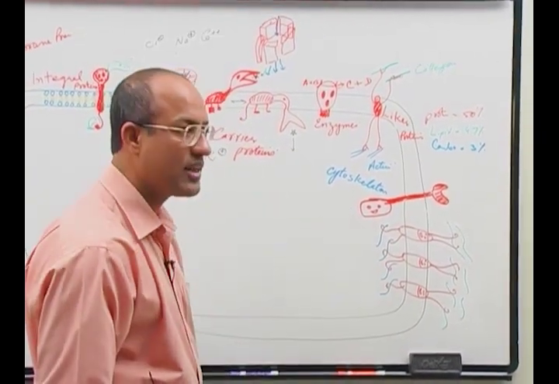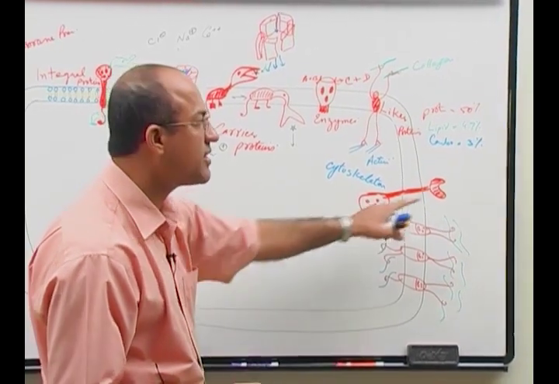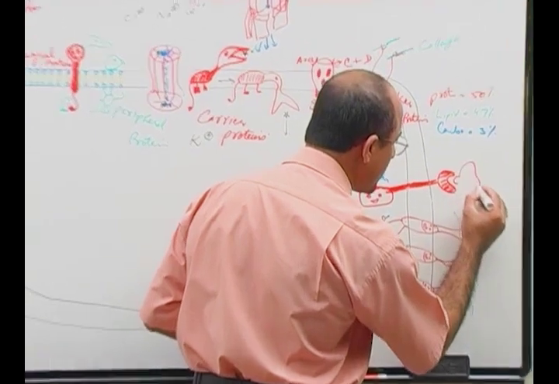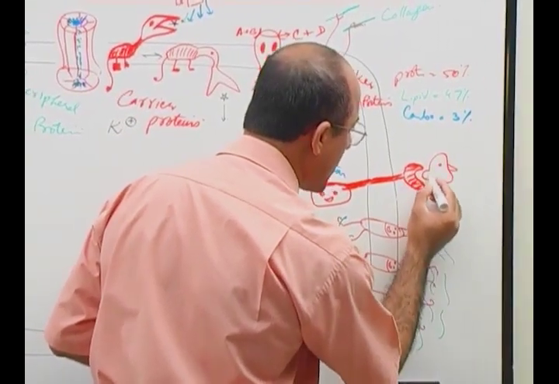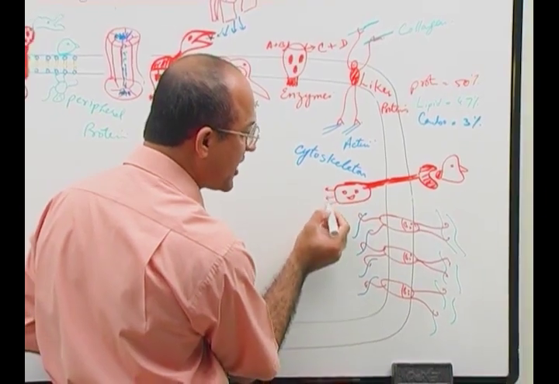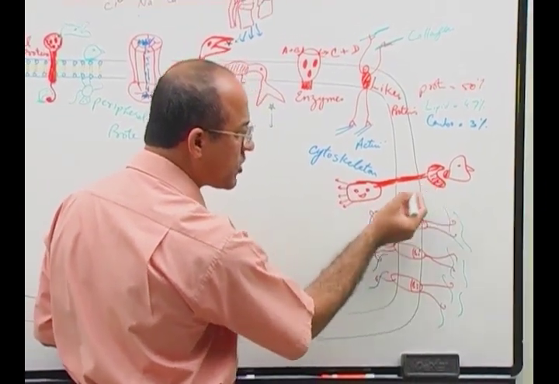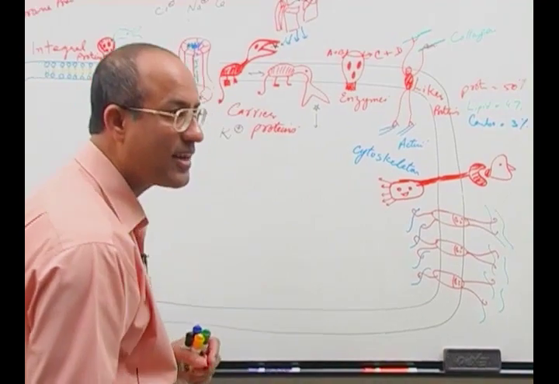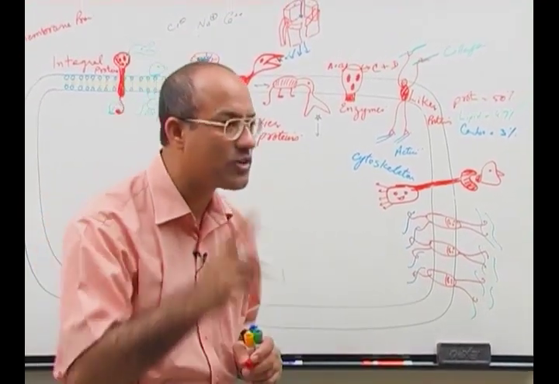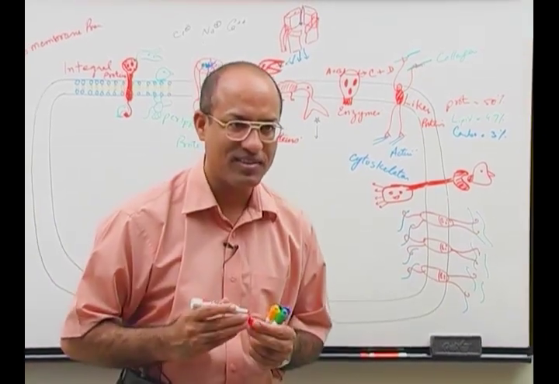Let us suppose this protein can bind insulin. When insulin comes, insulin binds over here, and it starts giving signals inside. So this protein is working as a receptor.